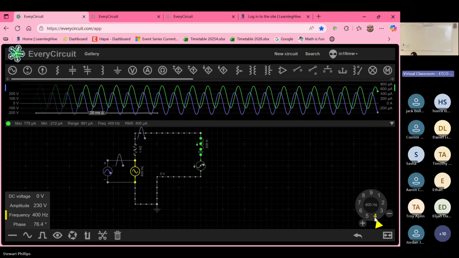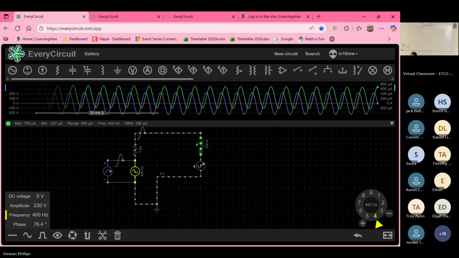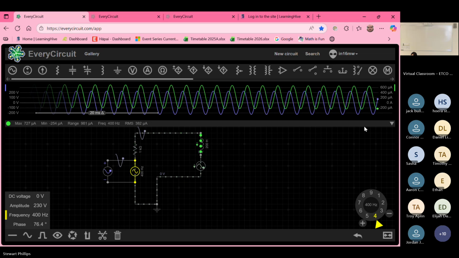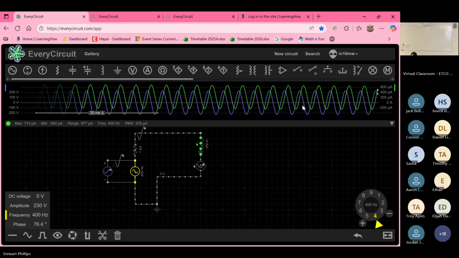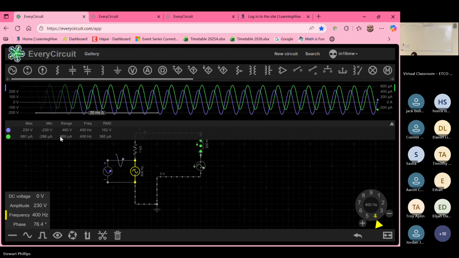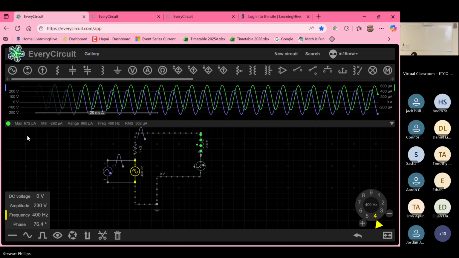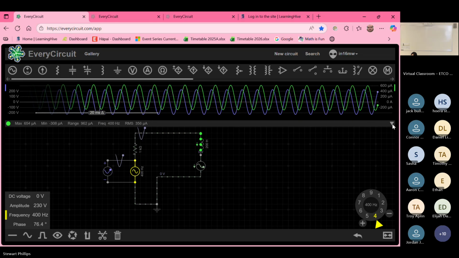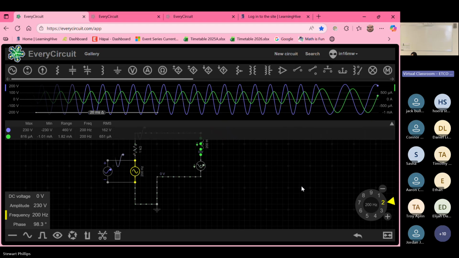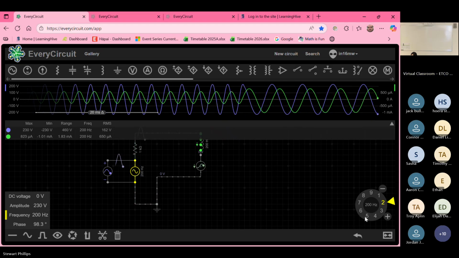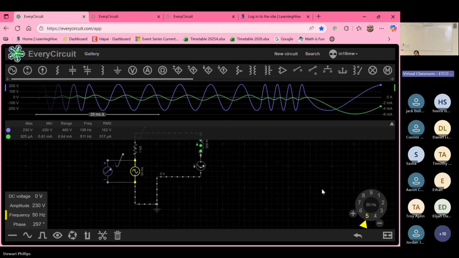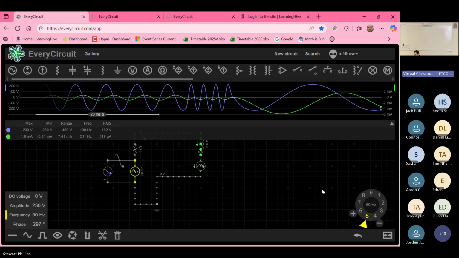So we're in microamps now. Drop it back down to 200 hertz. So you see, just by playing with the frequency, how much it can change things.